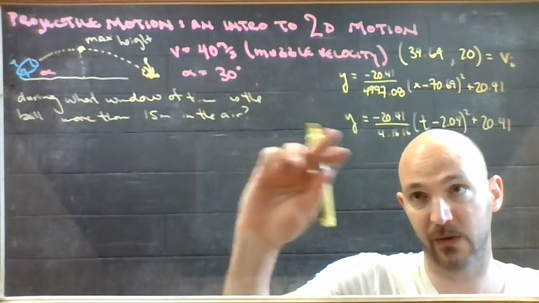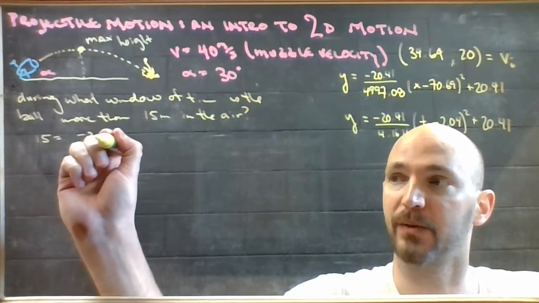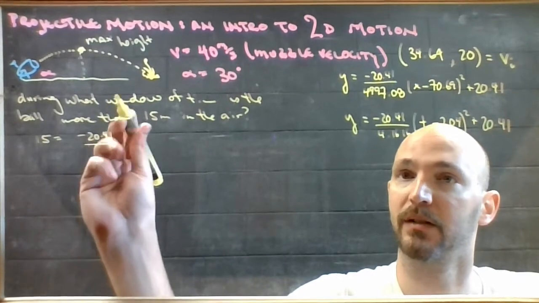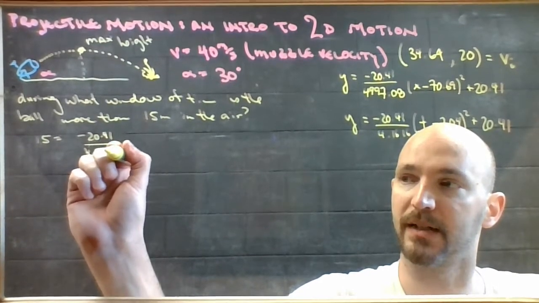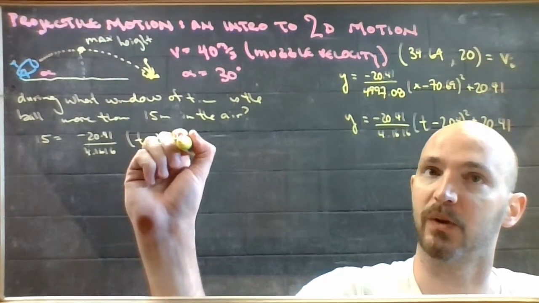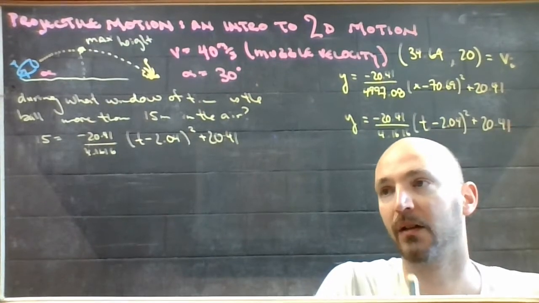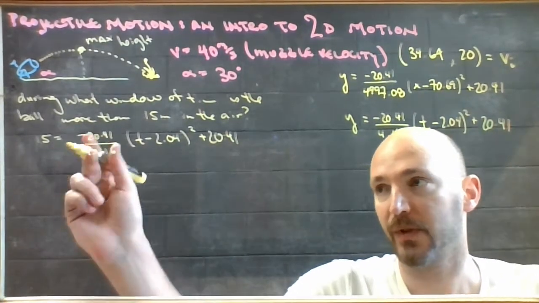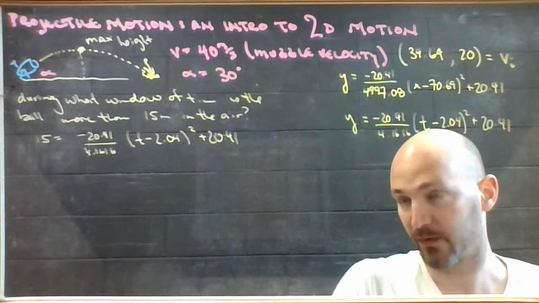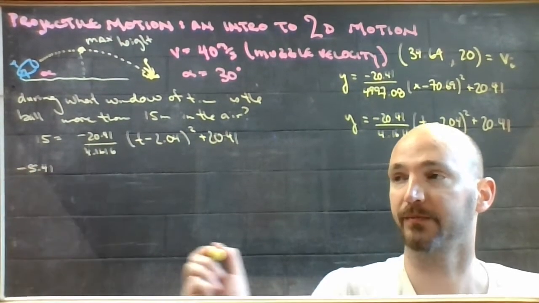So 15 goes in for y. 15 equals negative 20.41 over 4.1616 times (time minus 2.04) squared plus 20.41. I'm going to kick this over. 15 subtract 20.41 would be negative 5.41.